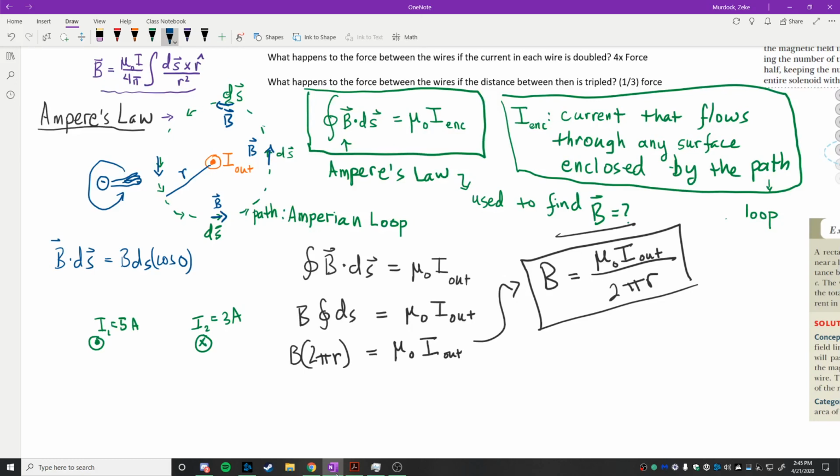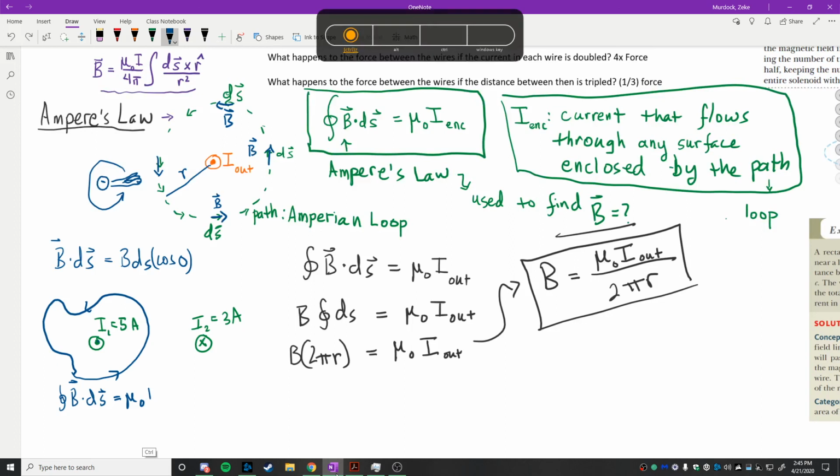If I do a loop around this one, and it doesn't even have to be a circular loop, as it turns out, any type of loop, that's my loop right there, then as long as the loop is in the same direction as the direction dictated by the current here, this is going to tell me that the integral of B dot ds in this case just ends up being equal to mu naught times the current I1, so times 5 amps.